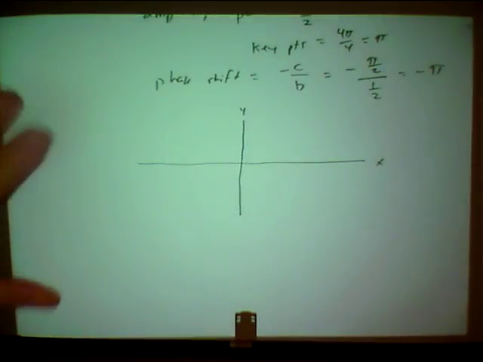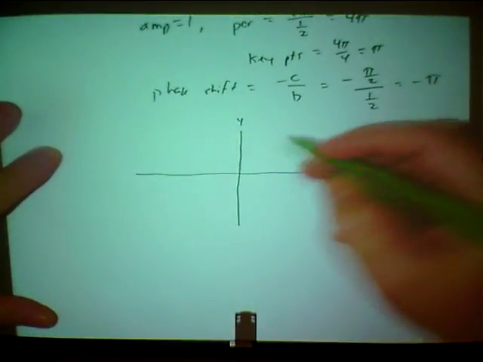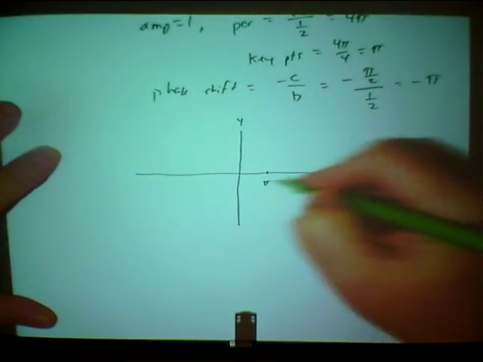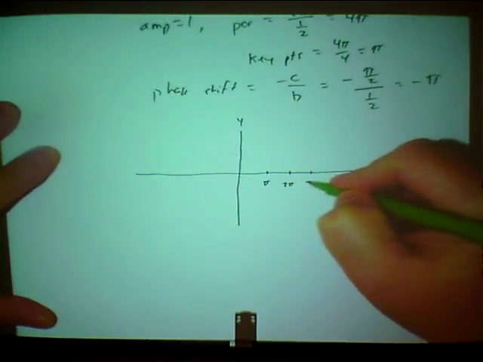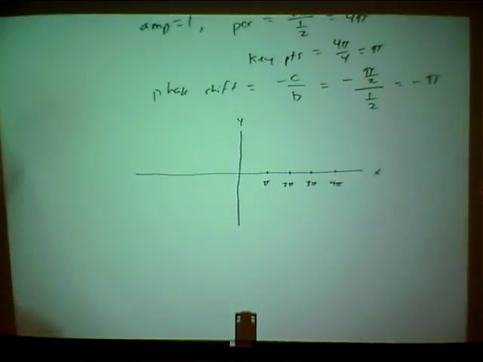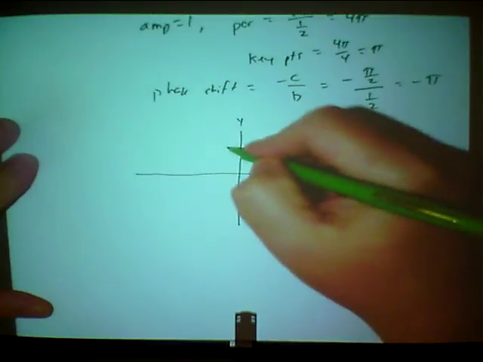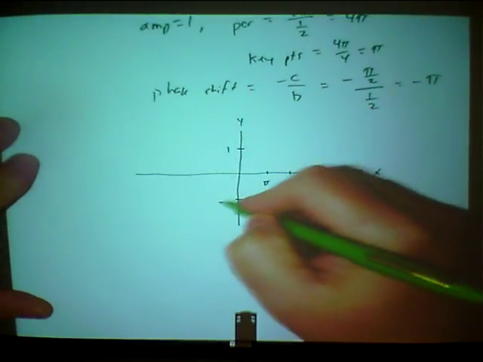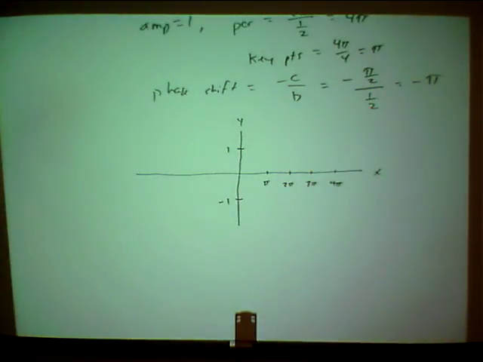So first of all, my key points give me my tick marks. Pi, 2 pi, 3 pi, 4 pi. My amplitude is just 1. So on the y-axis, negative 1 and 1. Now let's sketch the cosine.